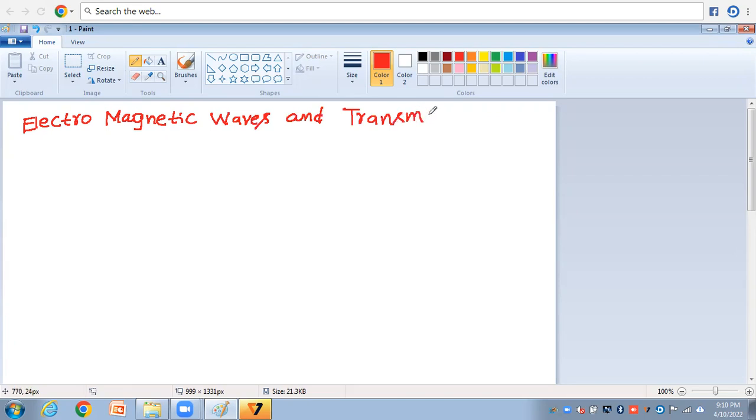In this course, I would like to discuss Coulomb's law. The short form of this course is EMWTL. The topic name is Coulomb's law.